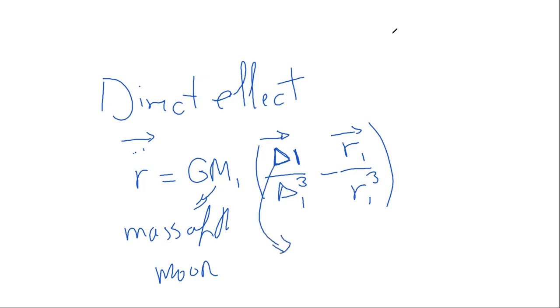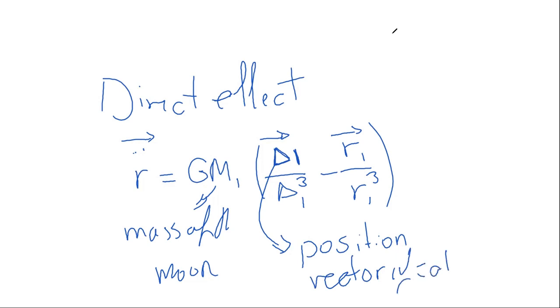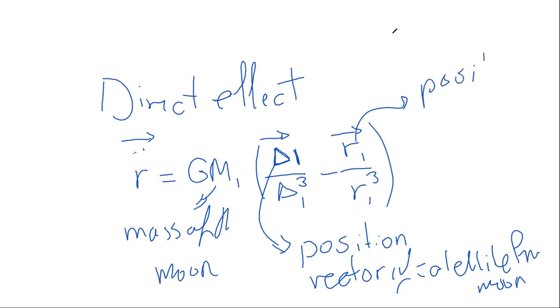It's called the position vector of the satellite from the moon, and there is the position vector from the Earth.